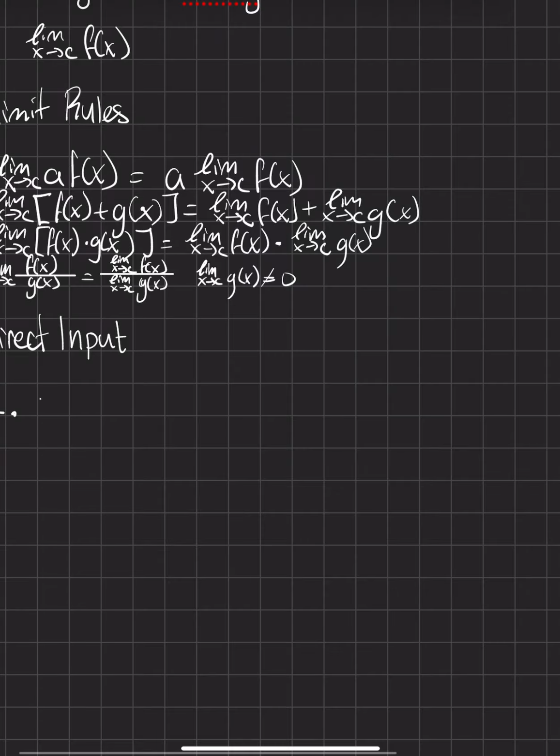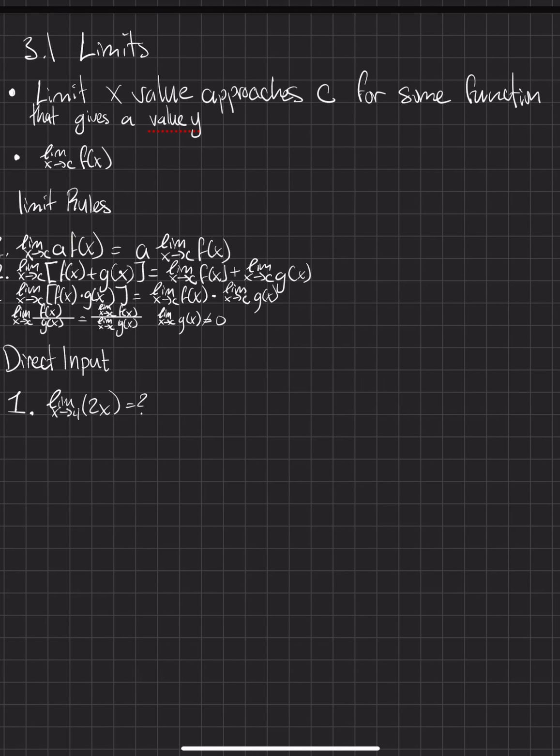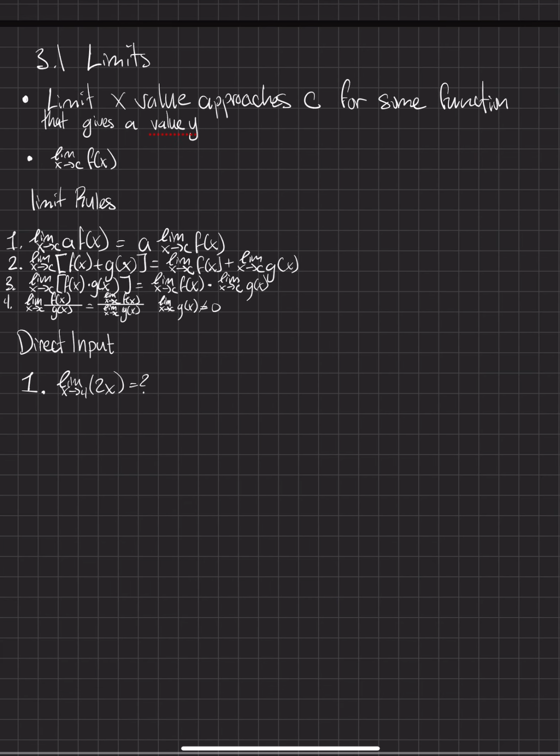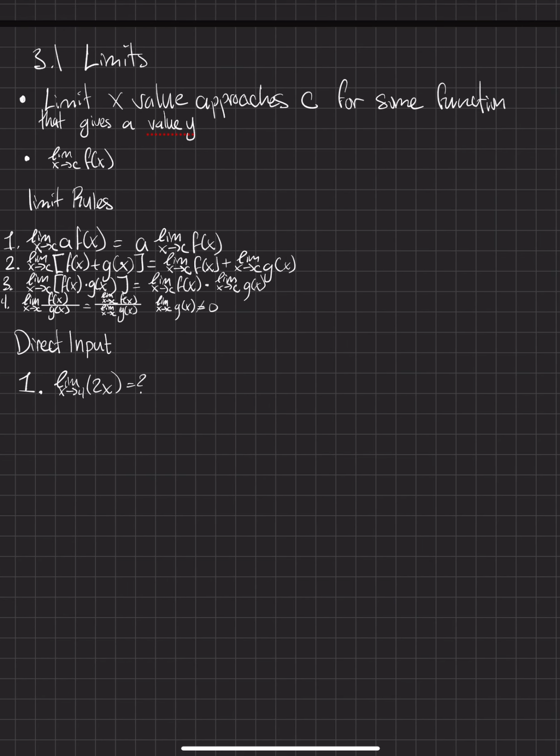Our question is, as x approaches 4 of 2x, what is the value? Essentially, all you have to do with these direct input problems is not worry about the approaching; you're just going to put the value that x is approaching into your function and see what happens.